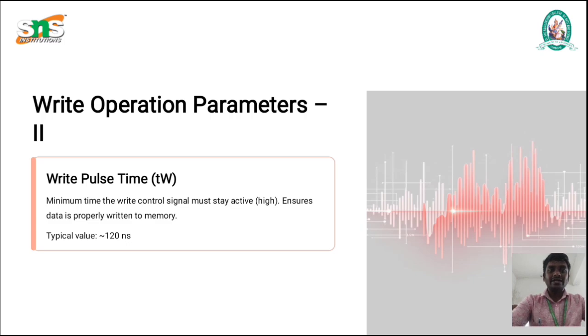Next, write operation parameters 2. The next parameter is write pulse time, which we represent as TW. It means the minimum time the write control signal must stay active, that is in high voltage. It ensures the data is properly written to memory.